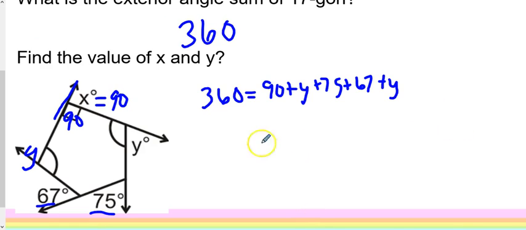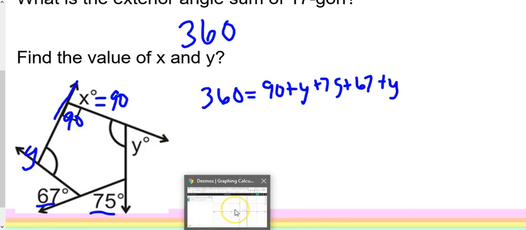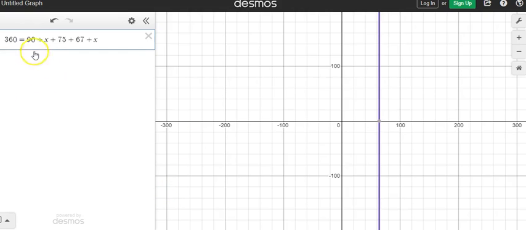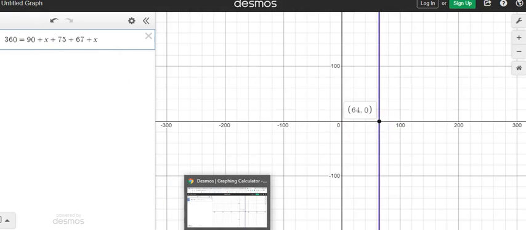And I could also have written this as 2y rather than writing it out separately. It's whatever works best for you. So we're going to go to Desmos and see what it does. Okay, so as you can see, I replaced y in the equation with x. And we find that y is going to be equal to 64.